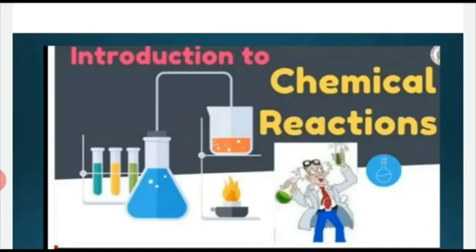Next, a car moving from one place to another using fuel is a type of chemical reaction. Plants grow by absorbing nutrients from the earth and get their food by photosynthesis. This process is also a chemical reaction.